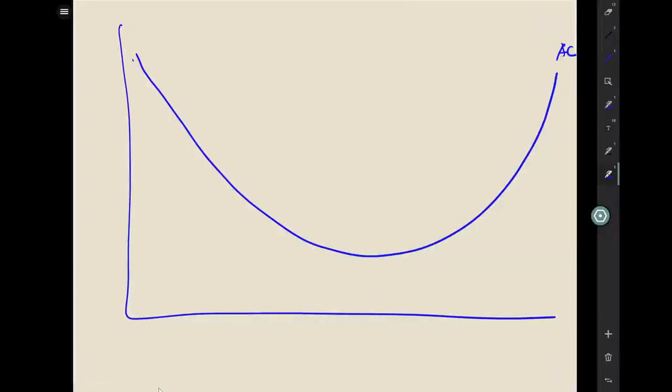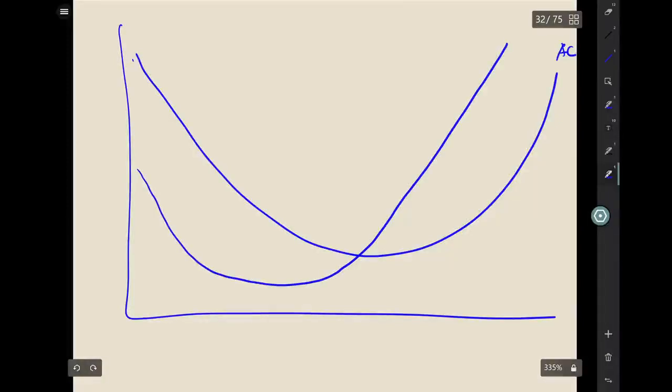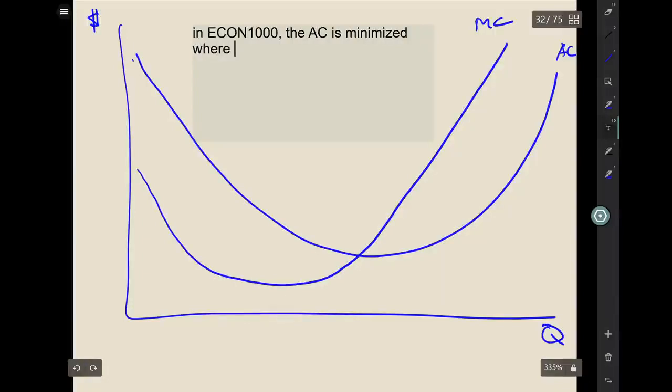And if I draw a marginal cost curve, you know from microeconomics, and let me make sure we've got Q over here, and then we've got some sort of dollar price or the cost per unit, and you know from Econ 1000 average cost is minimized where MC is equal to AC. And that point is right here.